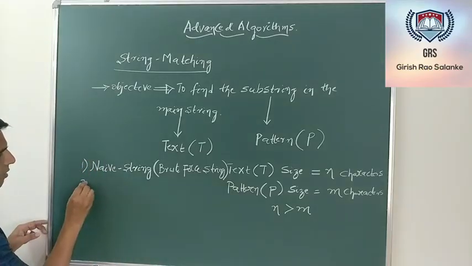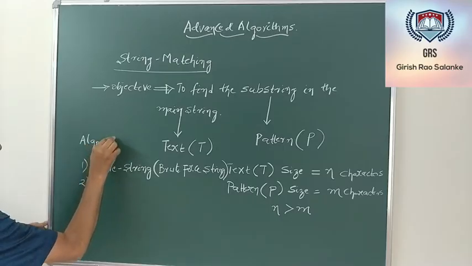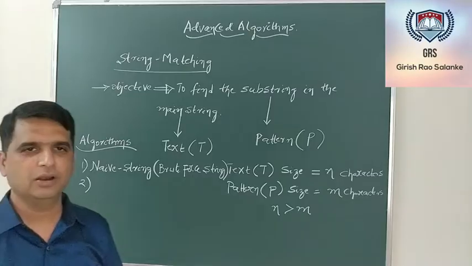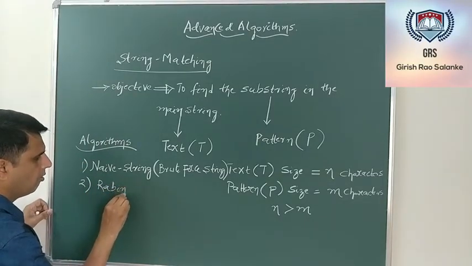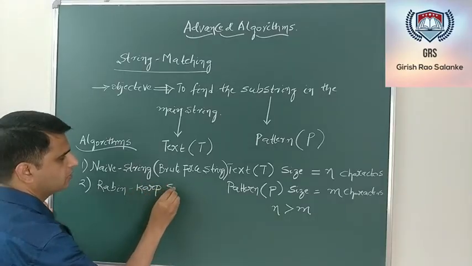The second string matching algorithm is Rabin-Karp string matching.